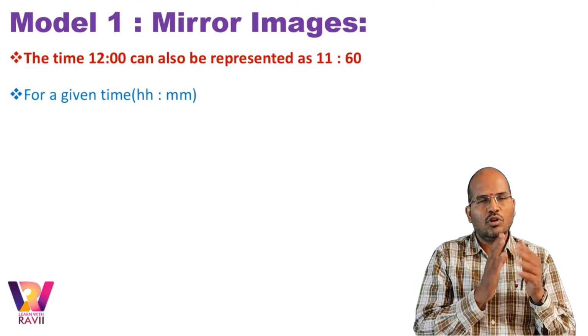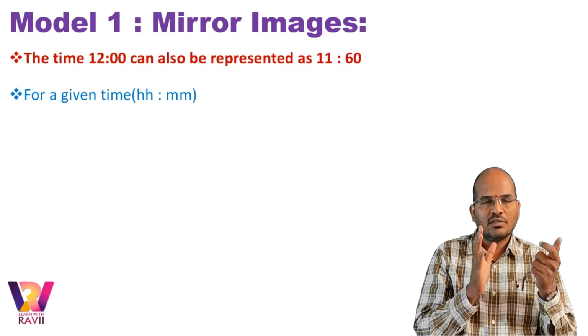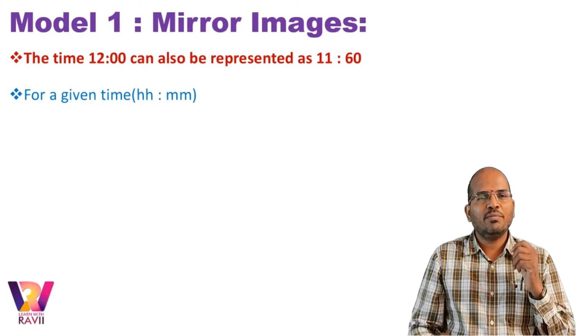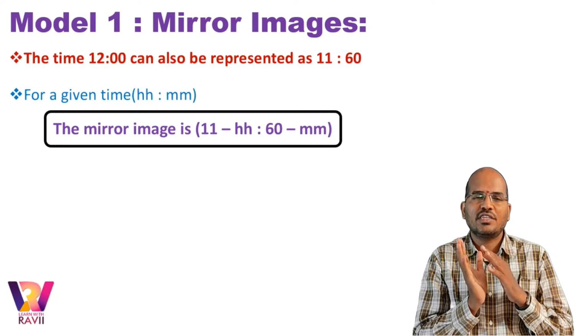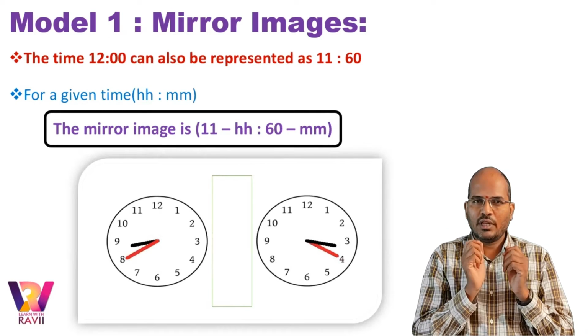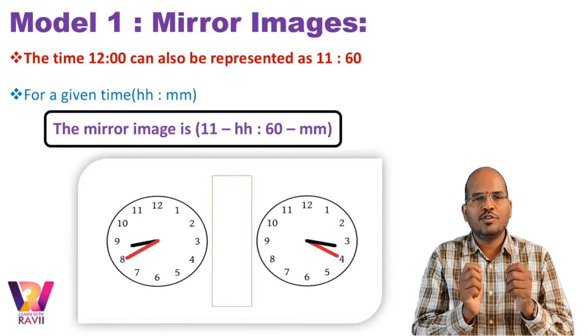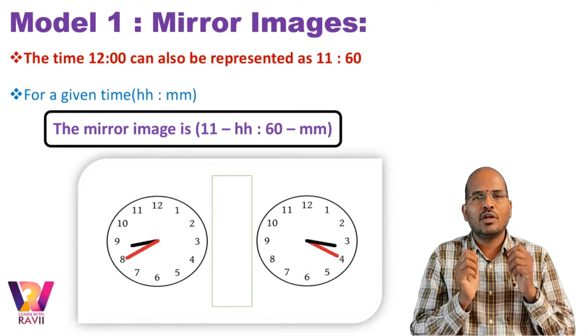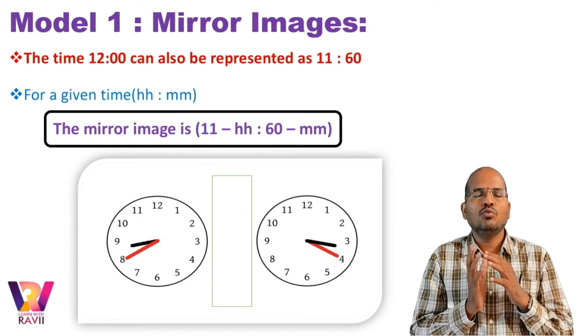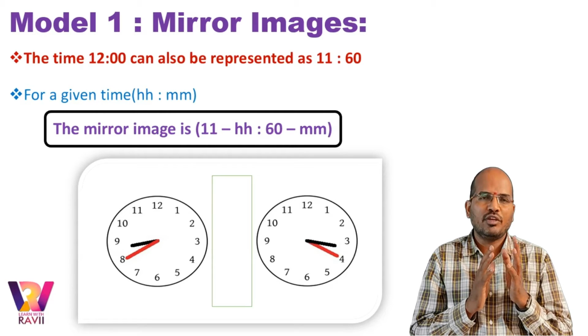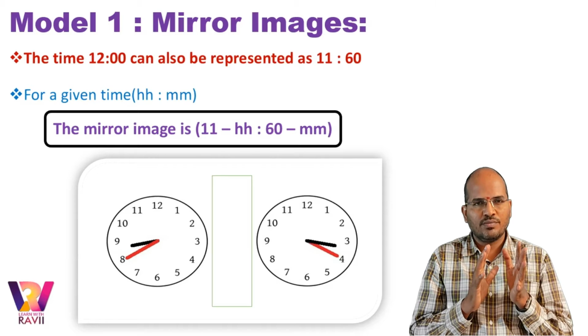So for a given time HH:MM, we calculate the mirror image as 11 minus HH, 60 minus MM. The image gives you a clear idea about finding the mirror image, isn't it? So image 2 is the mirror image of image 1 or vice versa.